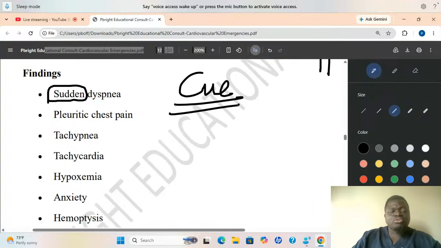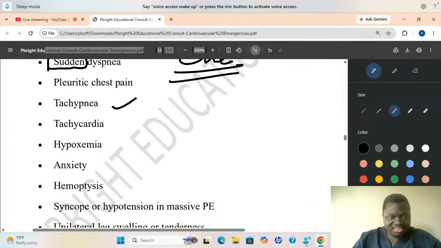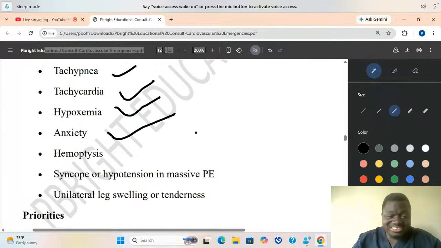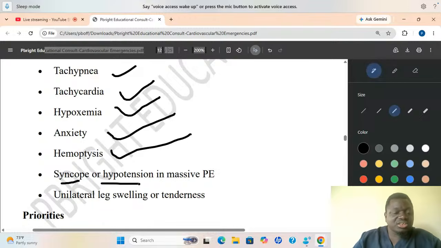They will have pleuritic chest pain, tachypnea, tachycardia, cardiorespiratory distress, hypoxemia, anxiety. Some will be sweating, with hemoptysis, coughing out blood. Some will pass out or faint. Some will get severe hypotension in serious pulmonary embolism.